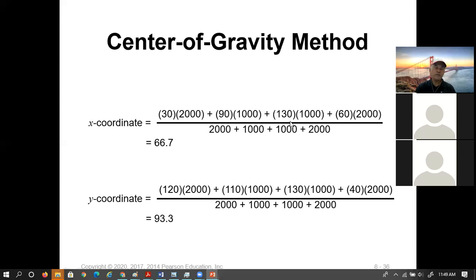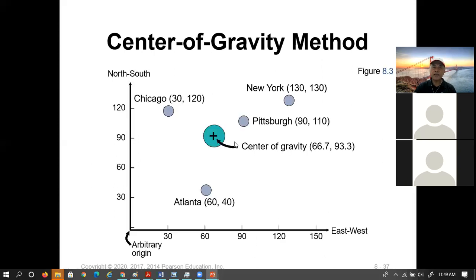There are four cities, and this is the number of shipments. So then we have the coordinates of the center of gravity as 66.7 for x and 93.3 for y. So then we can see this is the center of gravity. The center of gravity is the optimum location that we should build the company at.